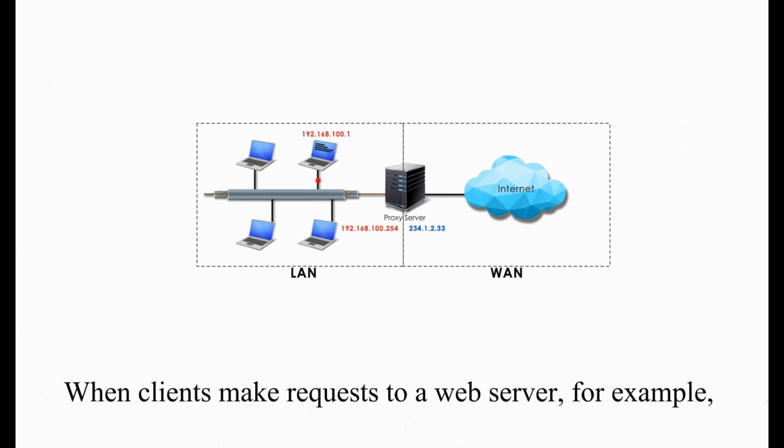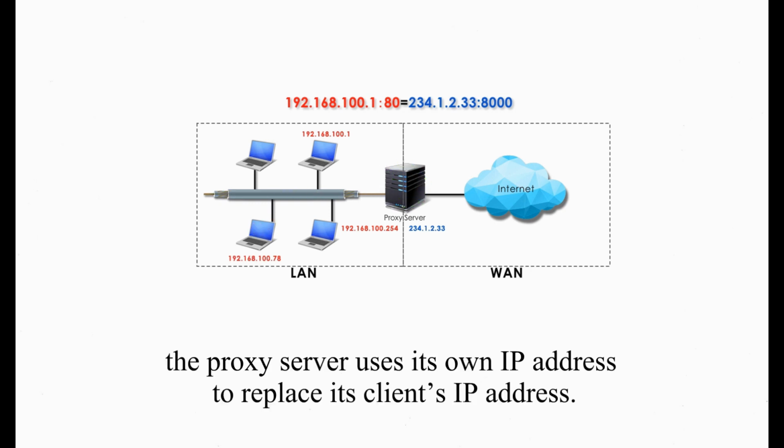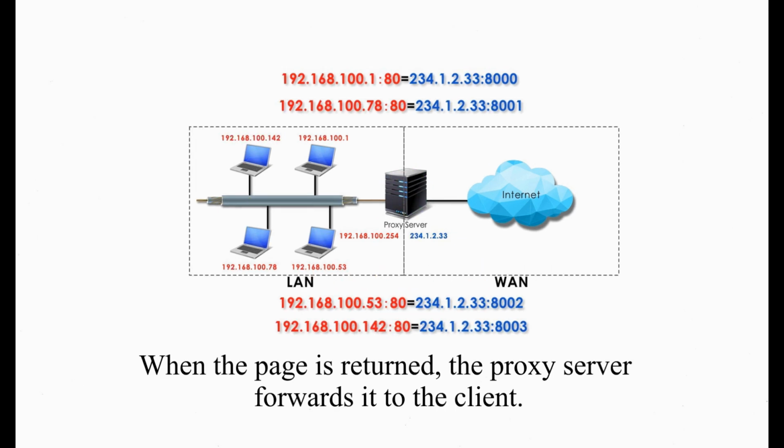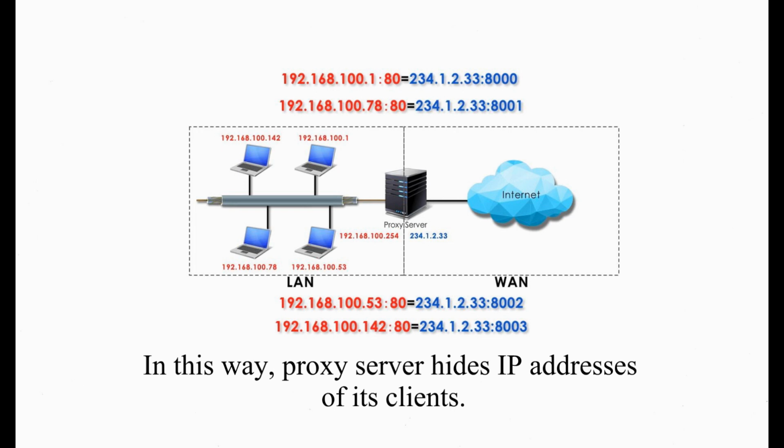When clients make requests to a web server, for example, the proxy server uses its own IP address to replace its client's IP address. When the page is returned, the proxy server forwards it to the client. In this way, the proxy server hides IP addresses of its clients.